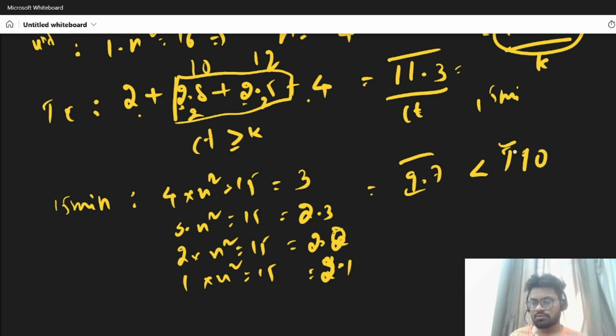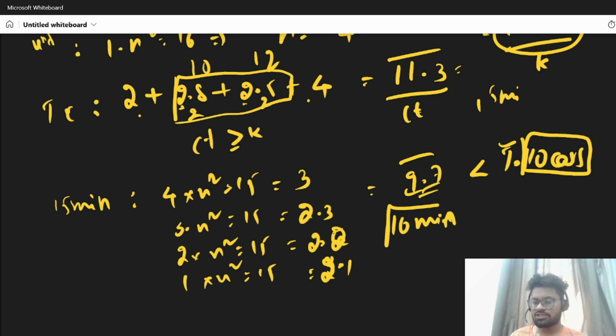It is 10 cars. We need 10 cars to be repaired in these x minutes, but using 15 minutes we can only repair 9.7 cars, so we cannot get all the cars repaired. So we cannot do it in 15 minutes, but 16 minutes we can solve, so that will be the minimum value.